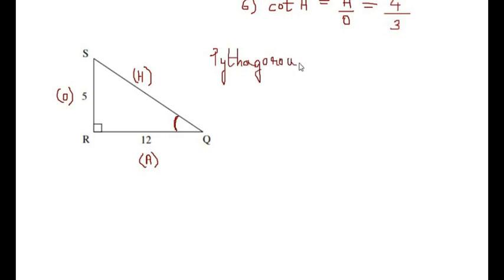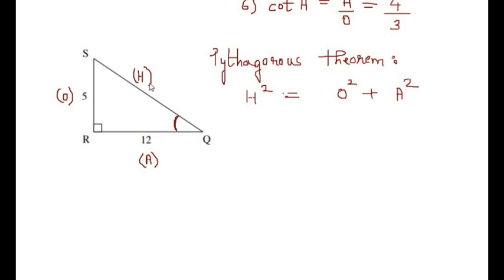The Pythagoras theorem states that the hypotenuse squared is equal to the sum of squares of the other two sides.